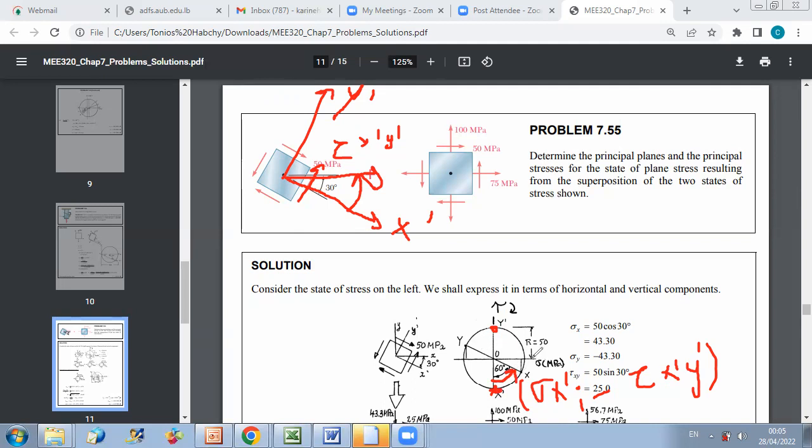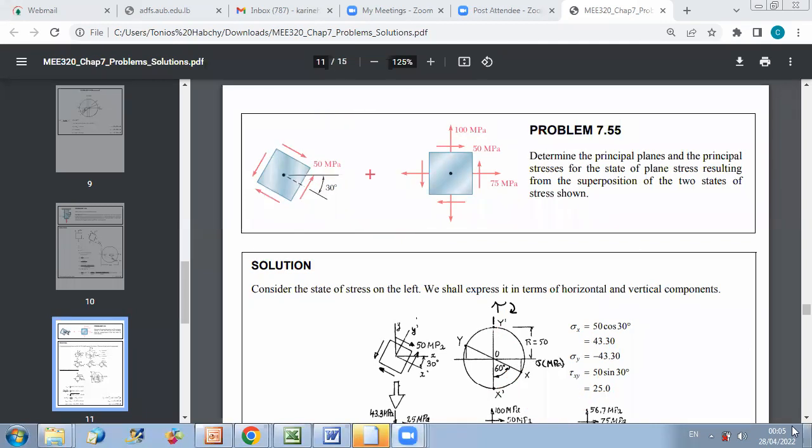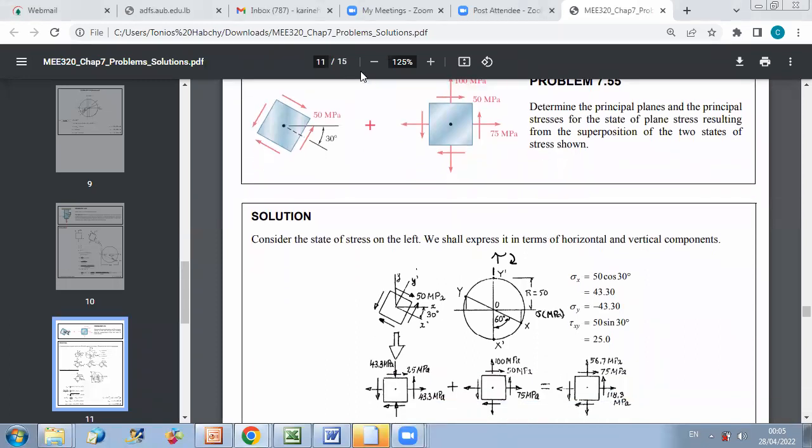And once you detect the position of x, big X, on Mohr circle, you can easily find the properties sigma x and tau xy, because you know that this point x is characterized by a coordinate along horizontal direction. This coordinate represents sigma x, and from Mohr circle, you can see that this angle here is 30 degrees, because this is 60, so this is 30.